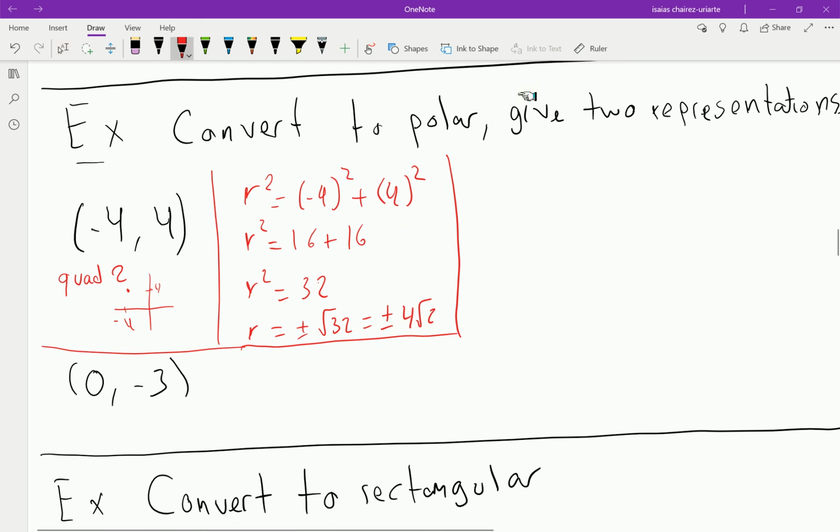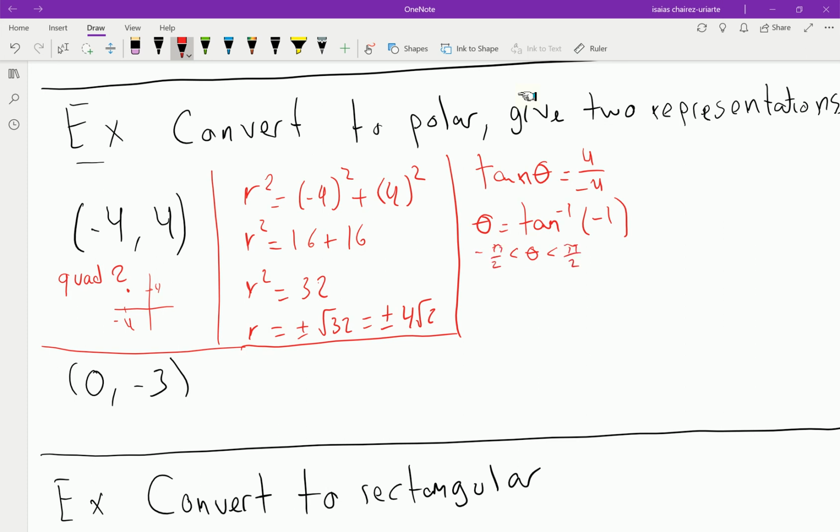Now let me find theta. So I'm going to say that tangent theta is supposed to be equal to y over x. Well then that says that theta is supposed to be equal to tangent inverse of -1. And remember right now that the range of tangent inverse is -pi/2 to pi/2. Just a little reminder.